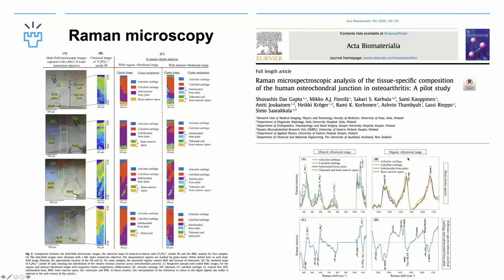So we can analyze the collagen and proteoglycans from the cartilage and also from the subchondral bone in the organic range. And in the mineral range, we can analyze the mineralization and, for example, the ratio of how much mineral you have within the matrix. And all of this you can do with very high resolution and in a focused way.